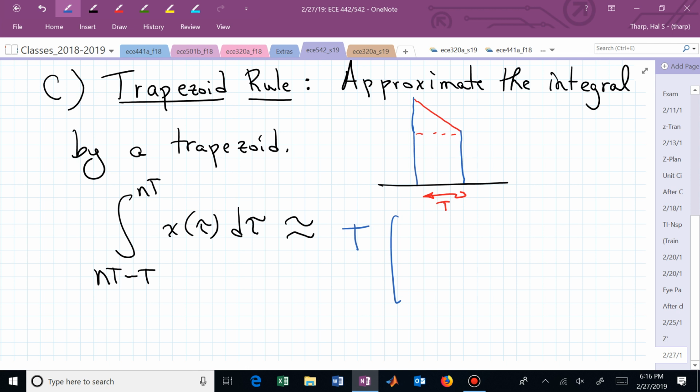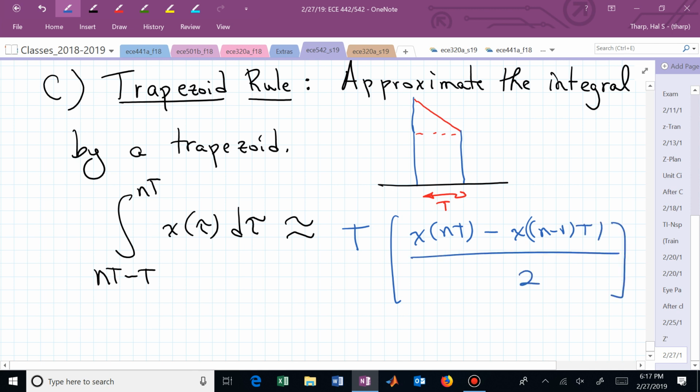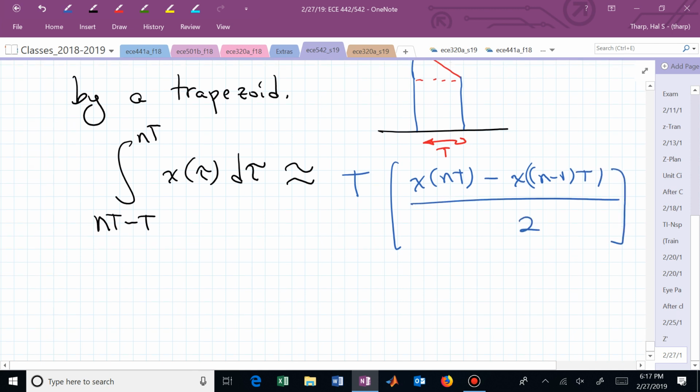So look at 1/2 base times height of the little triangle that you're adding, and the width of the rectangle, and you'll end up with x at nT minus x of (n minus 1)T, all over 2. That's how we will average those.